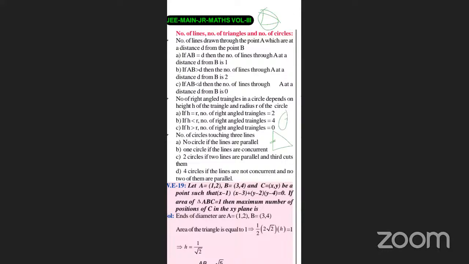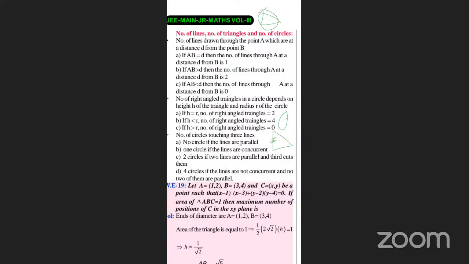Basing on that, let us see how many right angle triangles we can inscribe. If my h is equal to r, that is, the height of the right angle triangle and the radius are the same, then we can inscribe two right angle triangles.